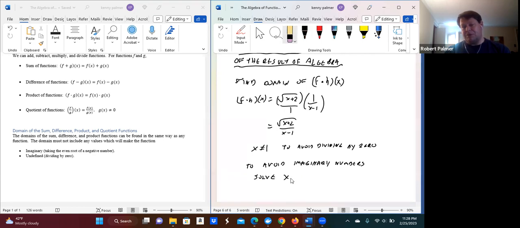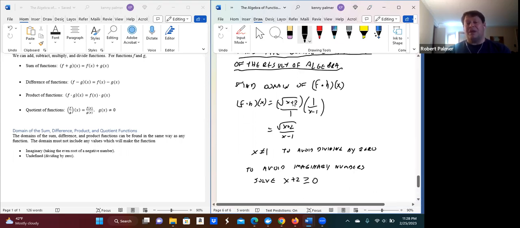So X plus 2 is greater than or equal to 0. As long as what's under the radical sign is either 0, since the square root of 0 is 0, or positive, then that's okay. It just can't be negative.